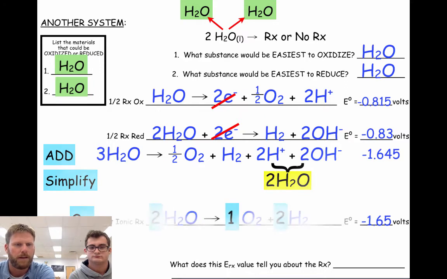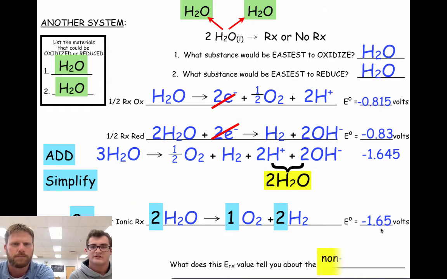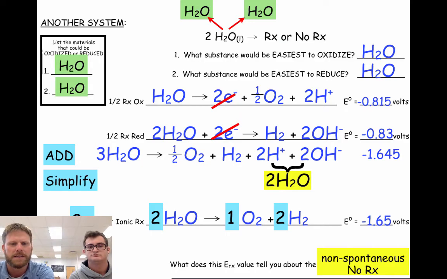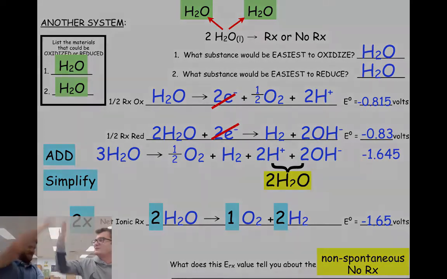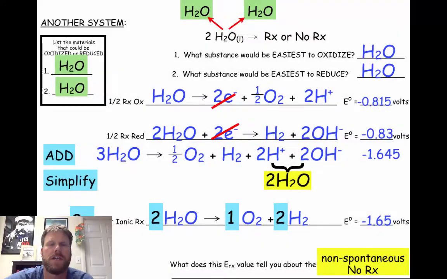So first of all, let me make these all whole number coefficients in the reaction. What does a negative voltage tell you about this process? That it's non-spontaneous. Correct. The decomposition of water is non-spontaneous. Very good. Thanks, Josh. All right. So the decomposition of water is a non-spontaneous process.